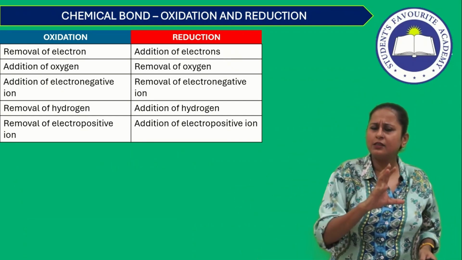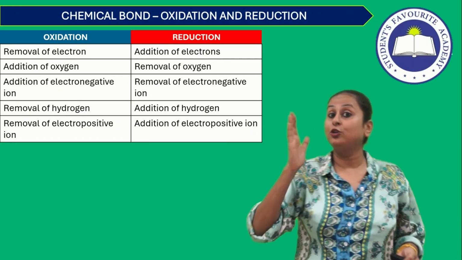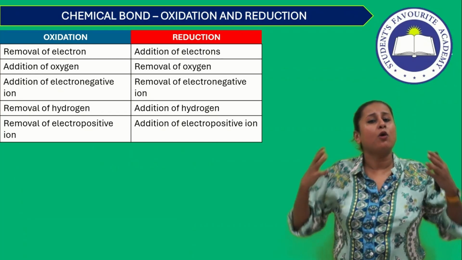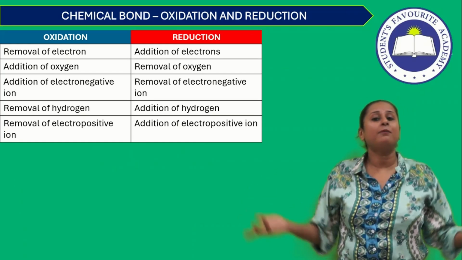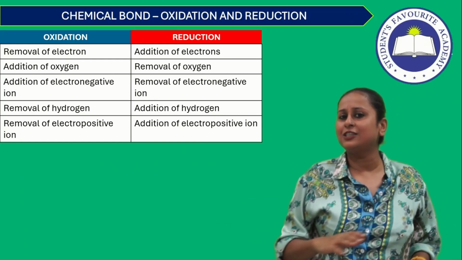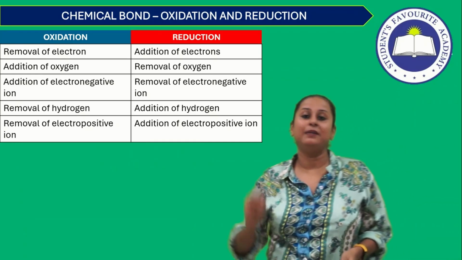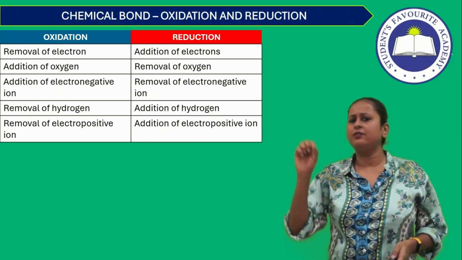This is a small concept which is not exactly related to the topic of chemical bonds, but you should understand what oxidation and reduction are, because chemistry is all about reactions, and most of the reactions we see are going to be redox reactions. That means they are going to be a combination of oxidation and reduction.